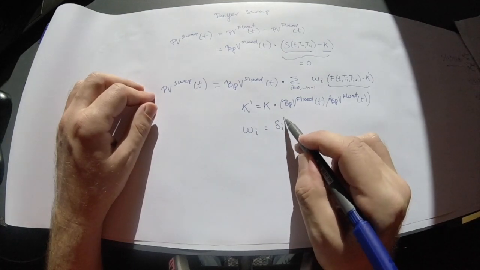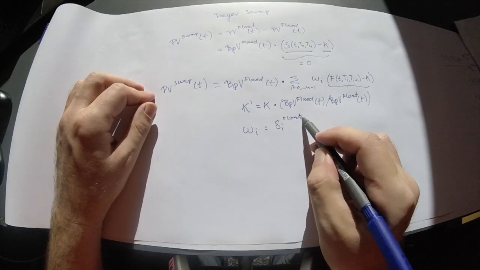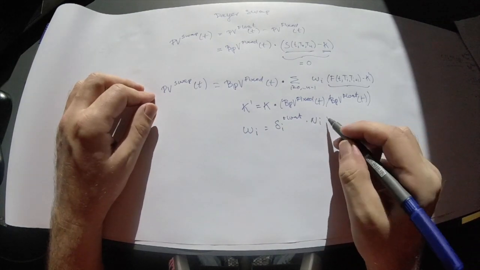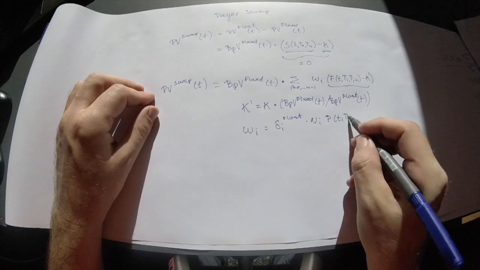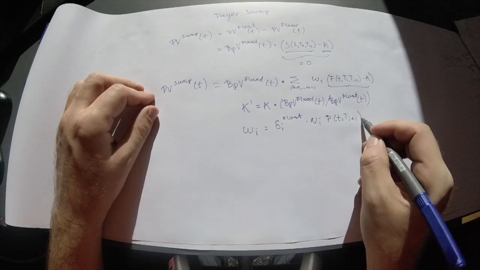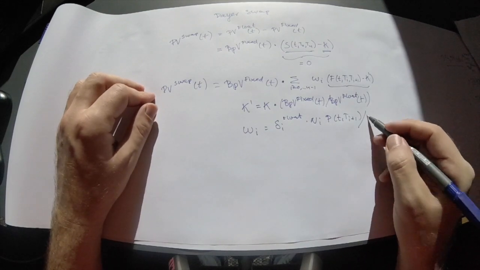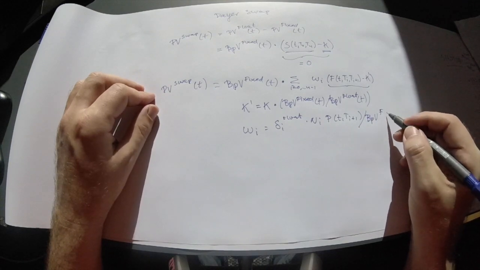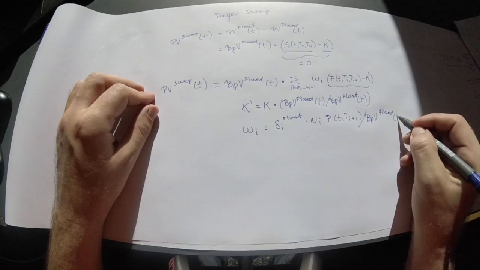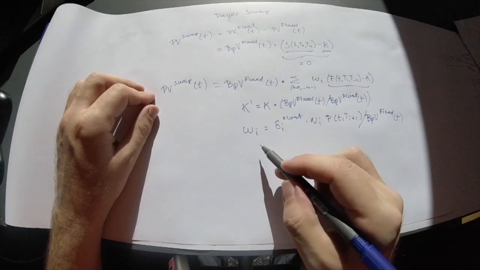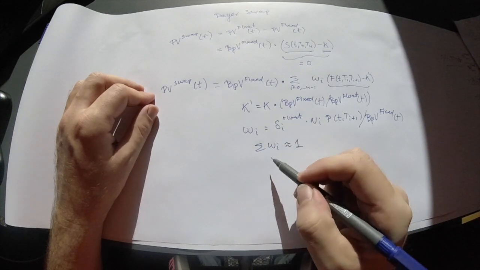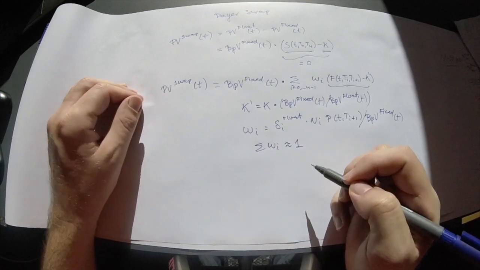They relate to the coverage of the floating leg, the notional of each of the period, the discount factor to the payment date, and everything relative to the basis point value of the fixed leg. And as we recall, these weights didn't exactly sum to 1, but very close to.